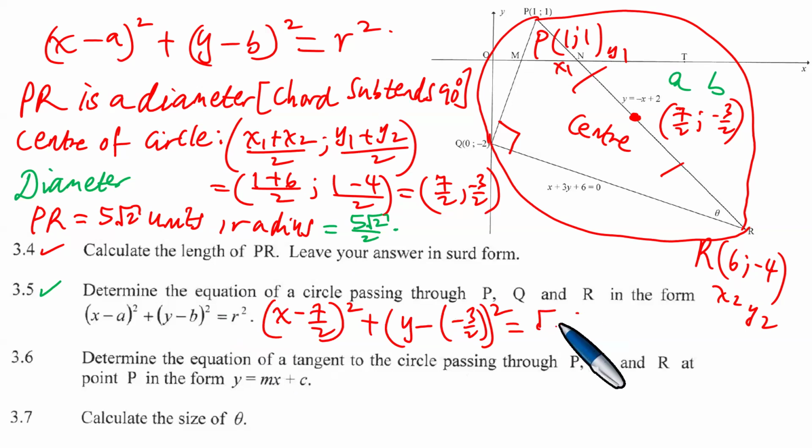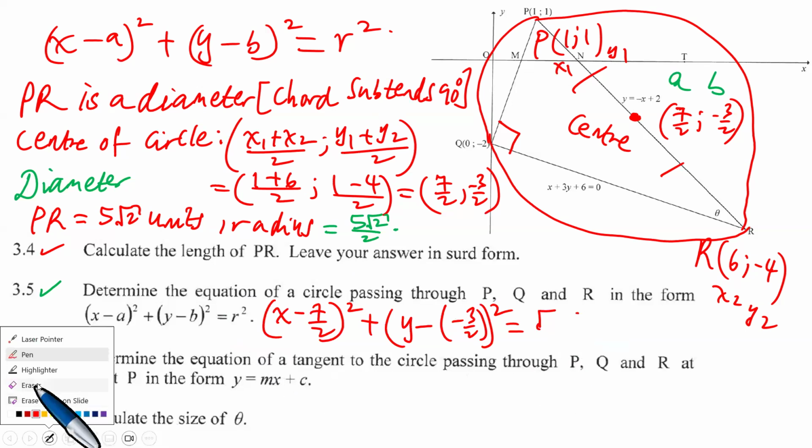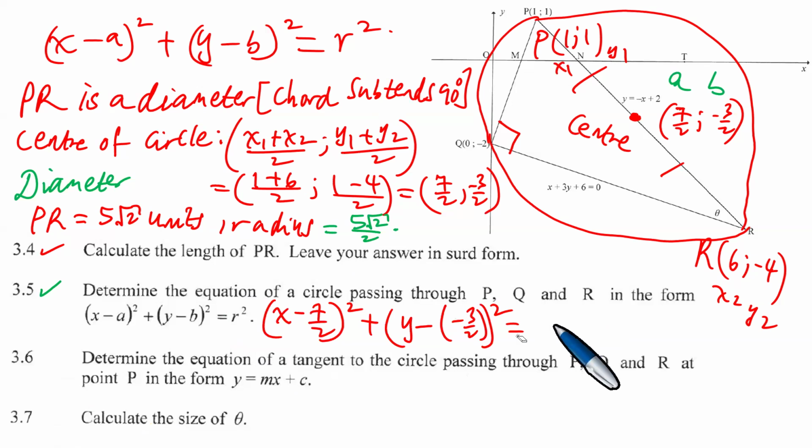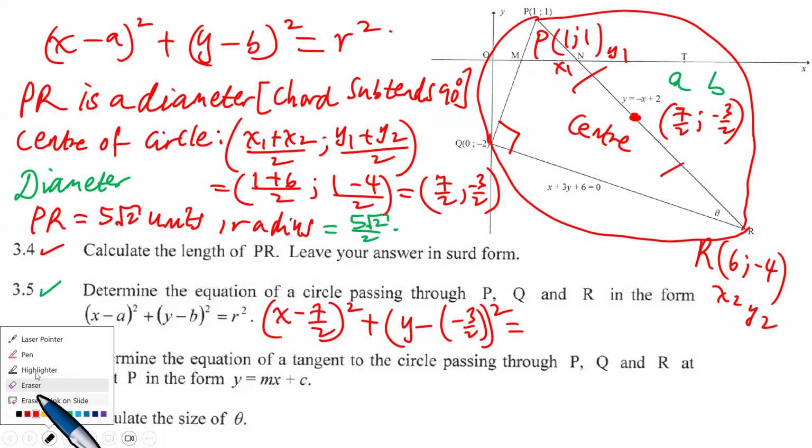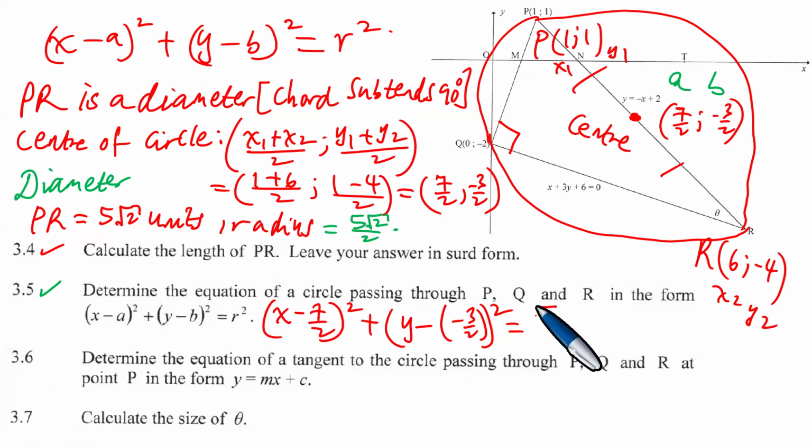The radius is 5 root 2, so we can write that down: 5 root 2. You square everything.